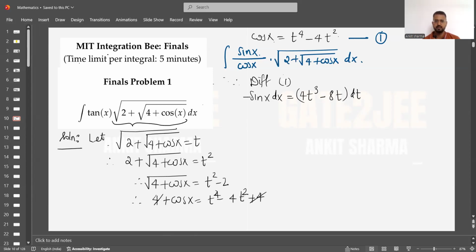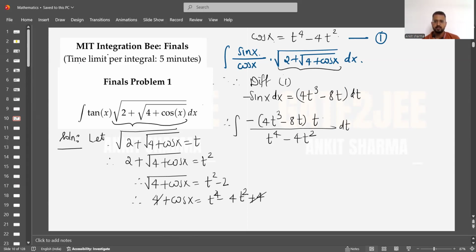So we successfully have obtained everything, I guess. Now let's plug in everything here. So sin x dx we have got here, minus of 4t cubed minus 8t. And then this guy we already have taken as t. And cos x we have found is t power 4 minus 4t square. Then sin x dx is 4t cubed minus 8t, already we have written, just we need to write dt.